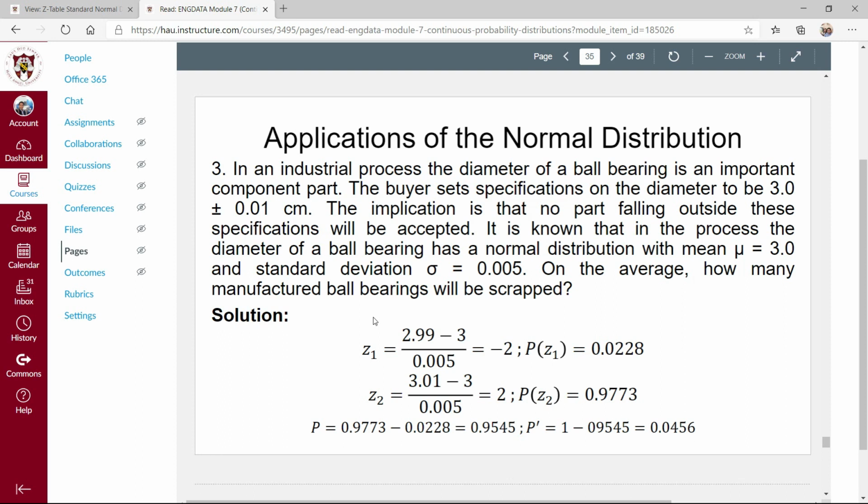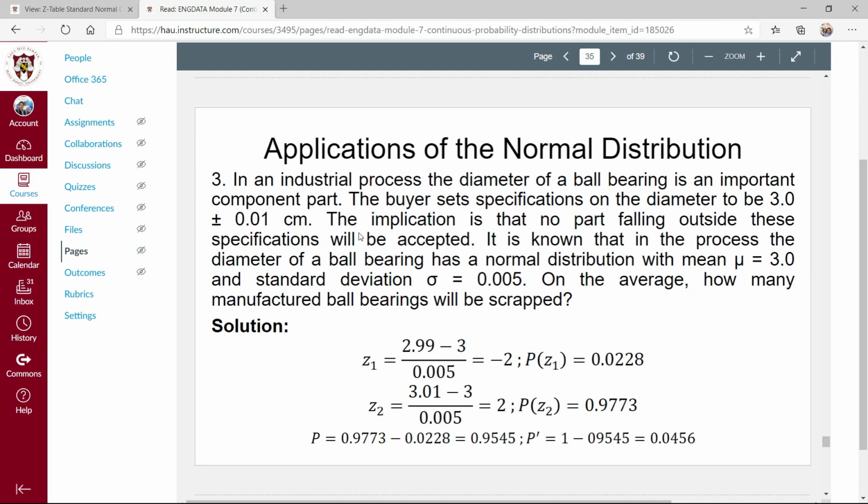And then for the application number 3, in this industrial process, the diameter of a ball bearing is an important component part. The buyer sets specifications on the diameter to be 3.0 plus or minus 0.01 centimeter.